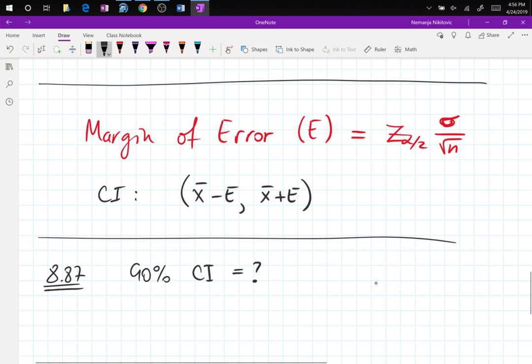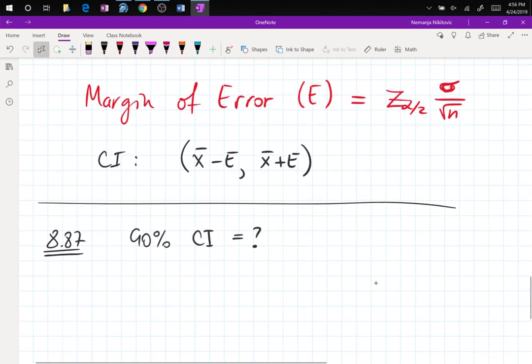And they give us data for this. Great. So they gave us a standard deviation of 190, and we have that n is 17. And then we have data to find x bar.